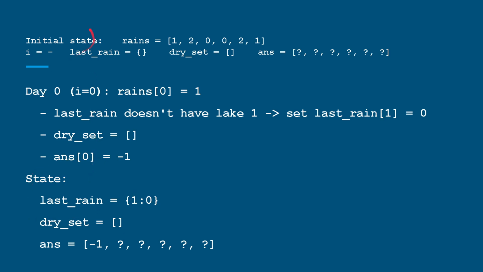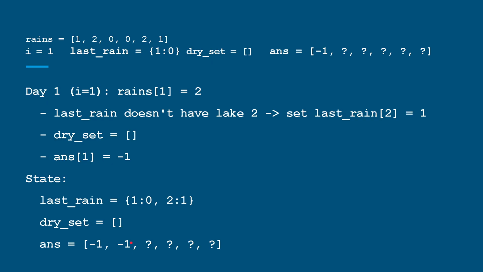Now the state from here will get changed to like this. So now we have added the last rain, because the last rain didn't have anything, but now we have lake 1 here, and we'll put the value here at 0. The dry set will remain, and similarly we will update our answer. Let's move to day 1, where the previously calculated values remain in the last rain and we'll put them here.